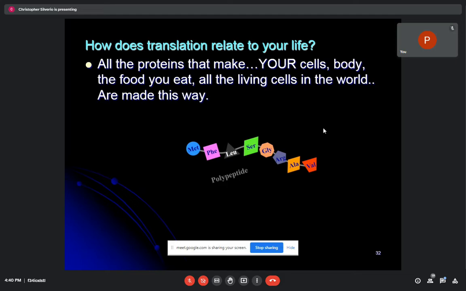Like, for example, when you eat meat, when you eat egg, when you eat soya beans, which is rich in protein, this is how it is being processed.